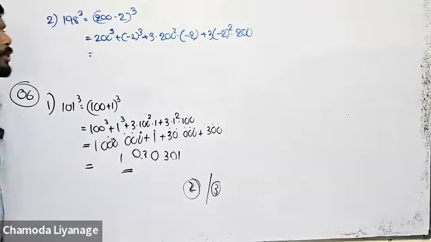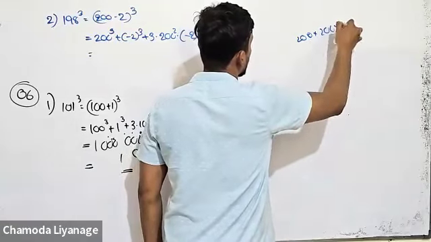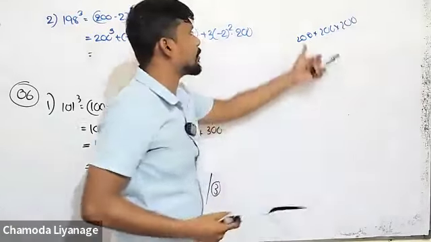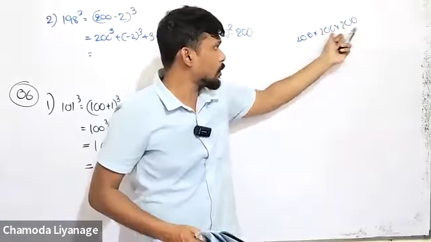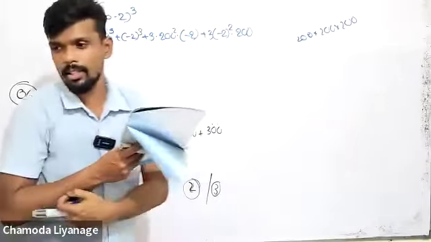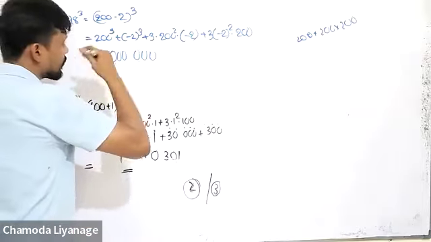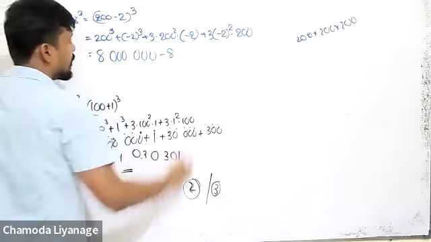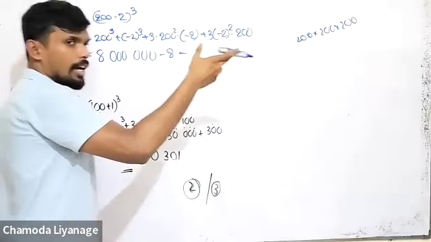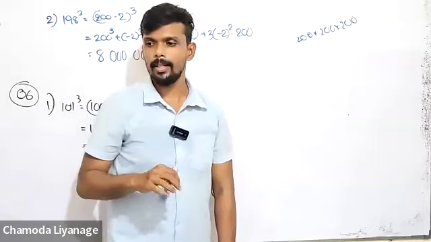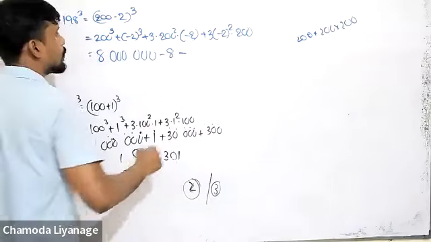So what is 200 cube now? 200 into 200 into 200. First we can multiply 2 into 2 into 2, it is 8. And you have to put 6 zeros. 8 and 6 zeros, that is 8 million. And minus 2 cube is minus 8. And here the sign is minus, 200 squared: 2 squared is 4 and 4 zeros. 4 into 3 is 12, 12 into 2 is 24.